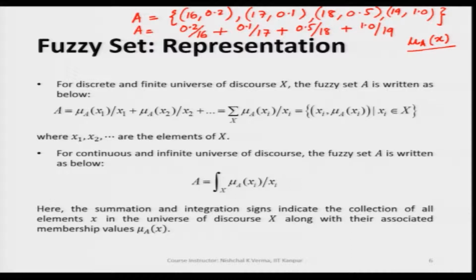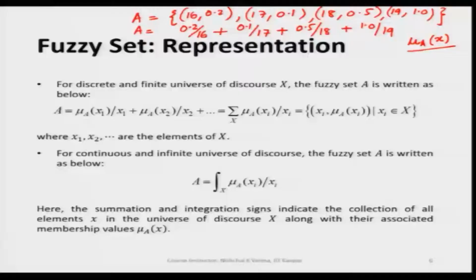Let me first make it clear that a fuzzy set can be discrete or a fuzzy set can be continuous. If we are writing a discrete fuzzy set, we write it this way as I just mentioned.